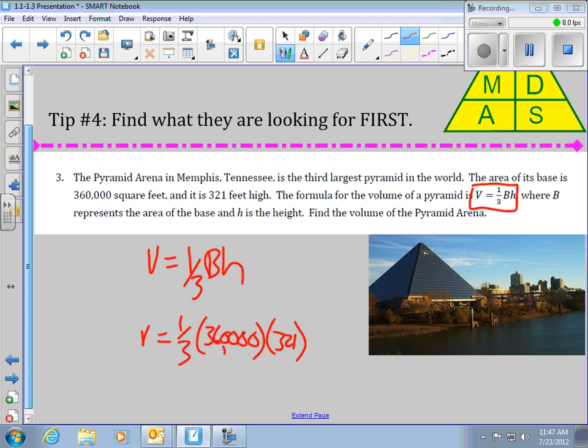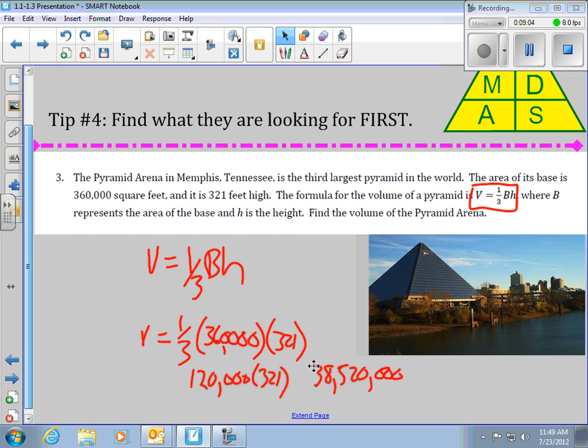So I guess I would divide 3 into 360,000. That's going to give me 120,000 times the 321. And that is equal. Once again, the answer is 38,520,000 cubic feet. That'd be the volume of this pyramid in Memphis, Tennessee.